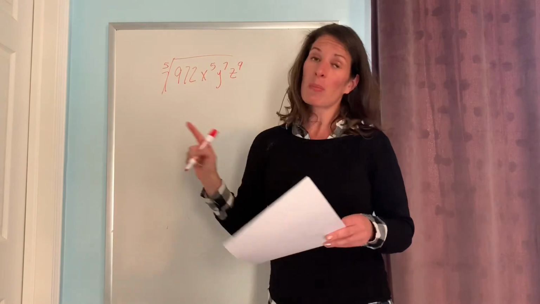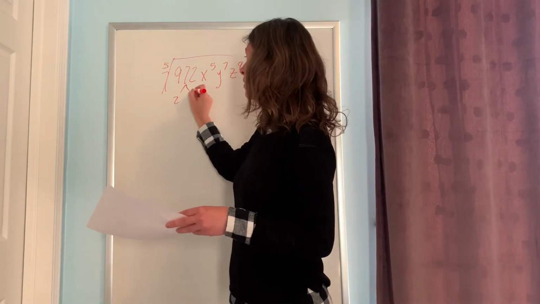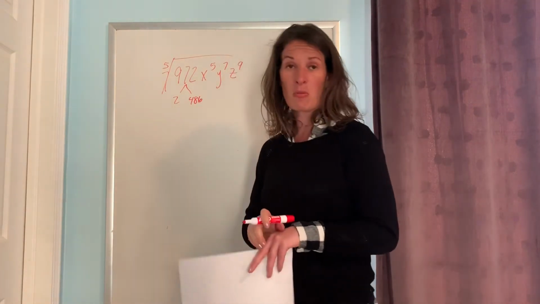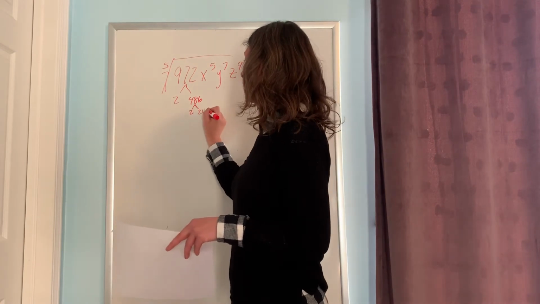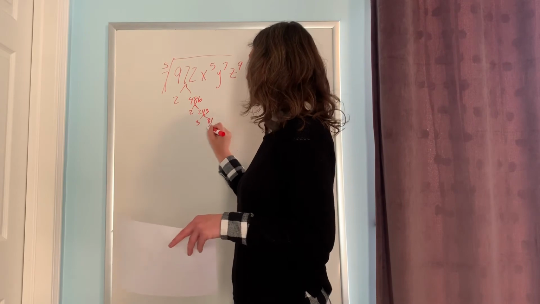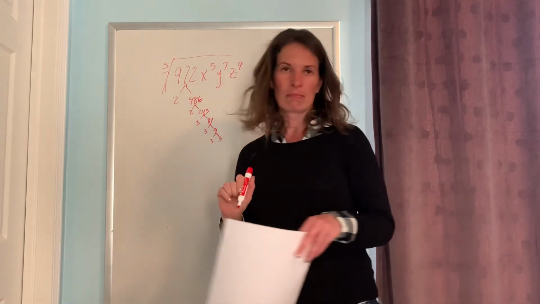It is an even number because it ends in 2. So I'm going to divide that by 2. And it goes to 486. Now, we did 486 on the last one. So 486 divided by 2 becomes 243. 243 divided by 3 becomes 81. 81 divided by 3 becomes 9. 9 divided by 3 is 3.